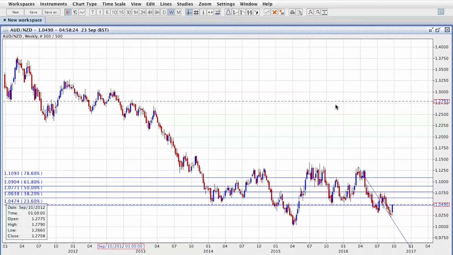So some very interesting developments on the Australian dollar against the New Zealand dollar. This week we have seen a 200 pip plus rebound to the upside for the Australian dollar against the New Zealand dollar here.